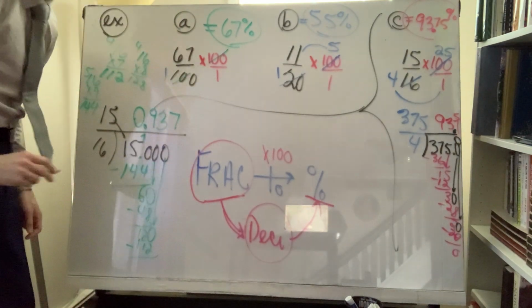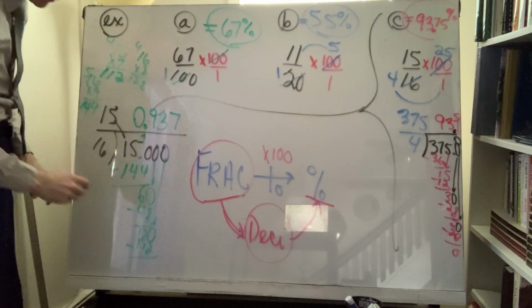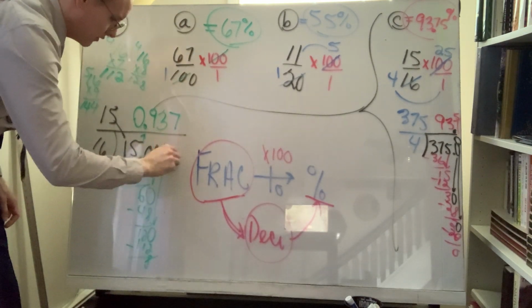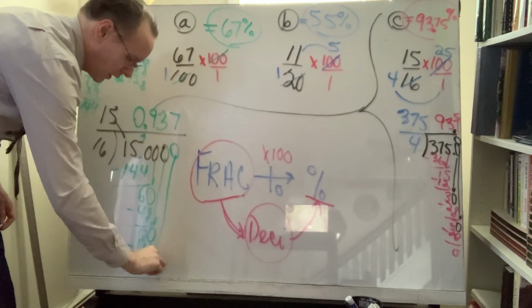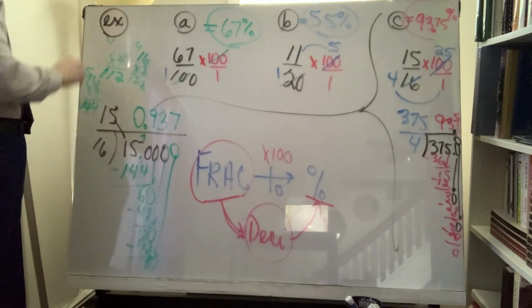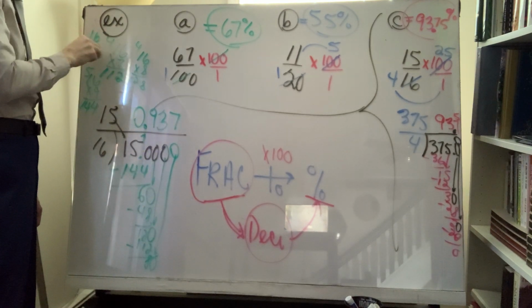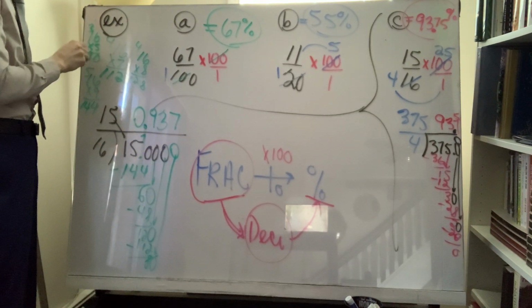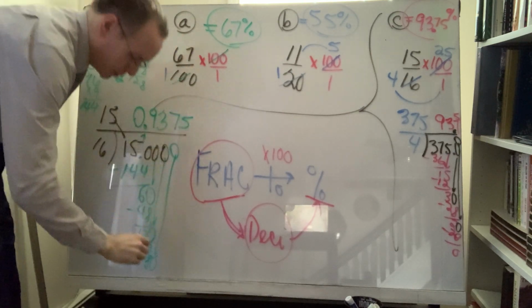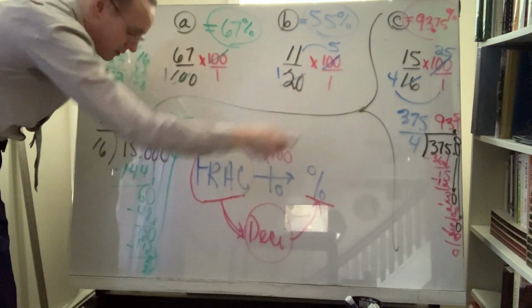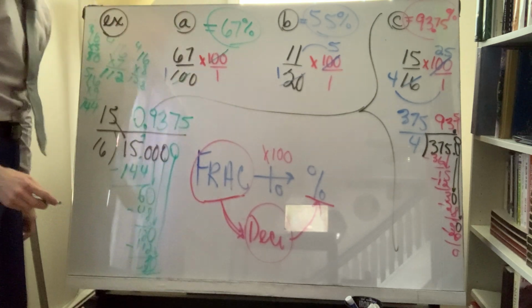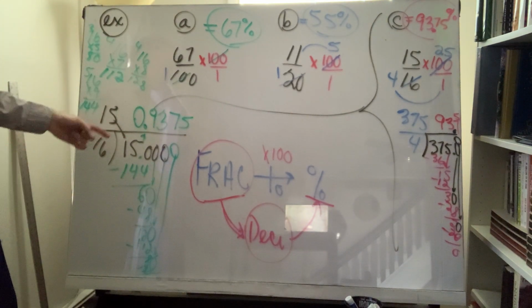Right? And the difference would be 8. And then you have another 0 and you bring it down. And you'd say, well, 16 times 5 is exactly 80. Right? I'm cheating a little bit because we already did the calculation, so I know what to look for. But this is how you would feel around in the dark if you had to.